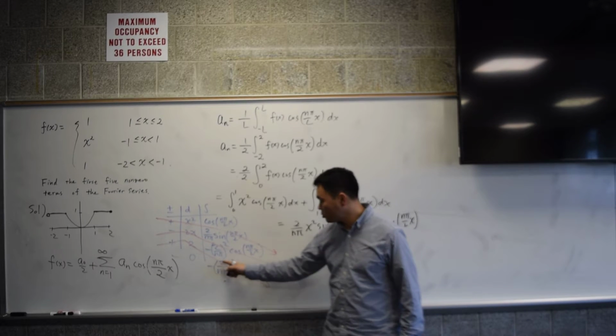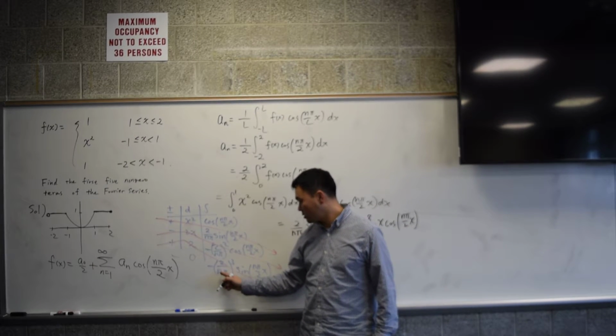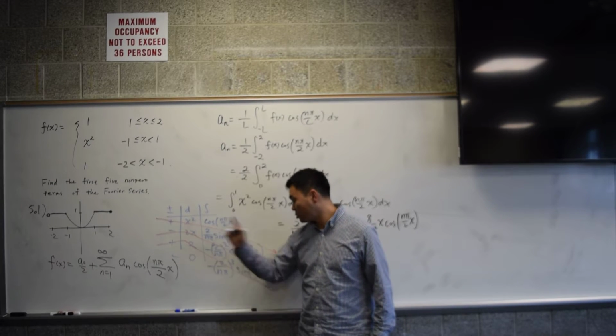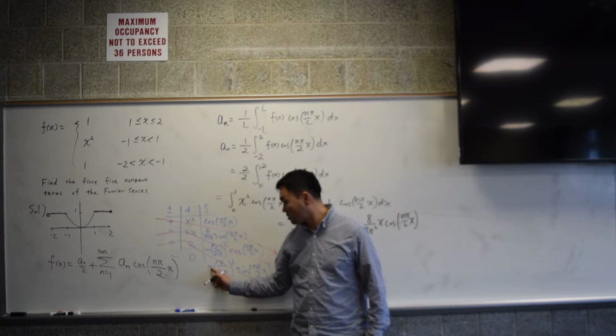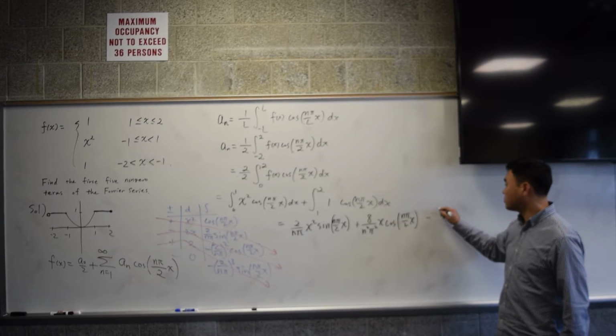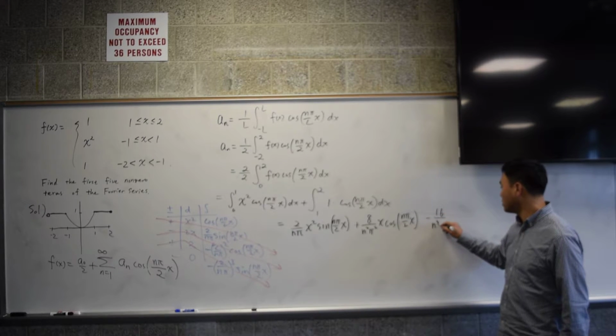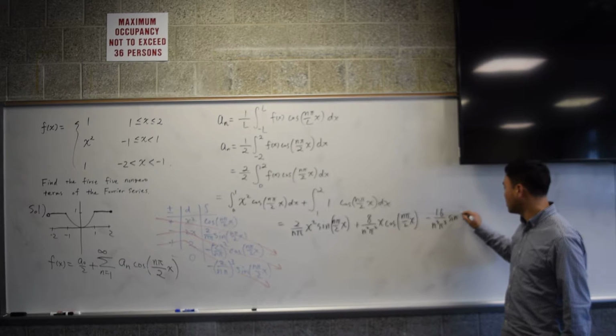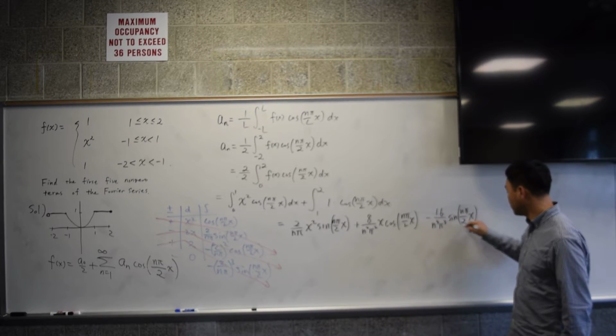The third one, 2 cubed is 8, 8 over n cubed pi cubed. And there's a 2 there. 8 times 2 is 16. And it's a minus because there's a minus here. So that's a minus of 16 over n cubed pi cubed sine n pi over 2x.